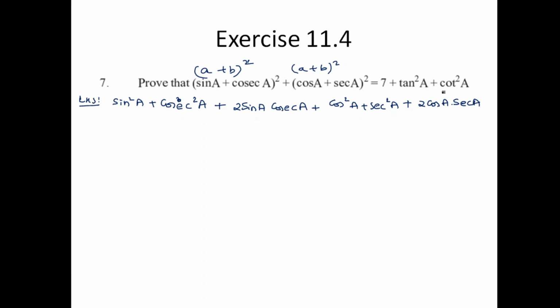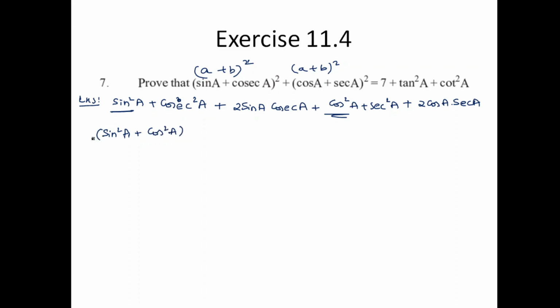Good. So let's see this. How do we solve this? I'm rearranging the terms here. I'm taking these two terms so that this becomes sine square A plus cos square A. Okay.